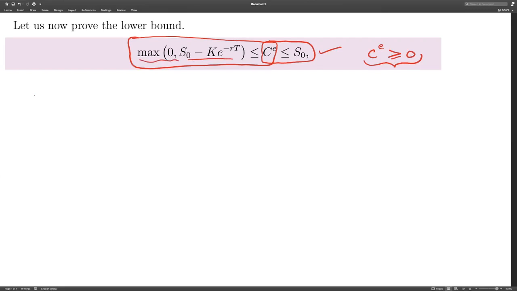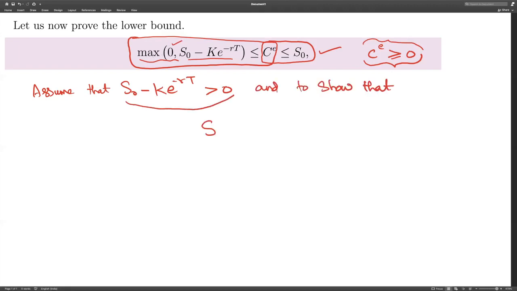So let us assume that S0 minus K e power minus RT is positive. If it is negative, then the maximum will pick up 0, in which case you already know that it is true. Therefore, without loss of generality, we can assume this. And we have to show that S0 minus K e power minus RT is less than or equal to CE.